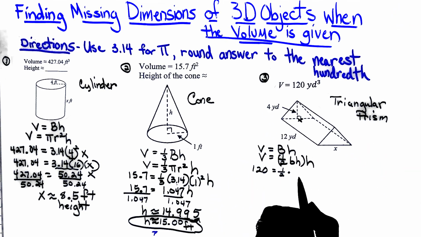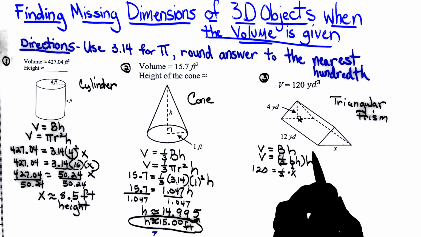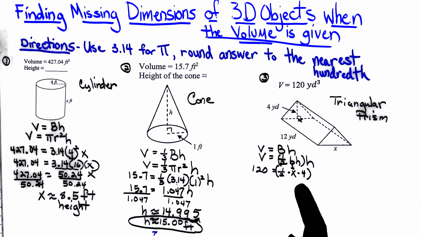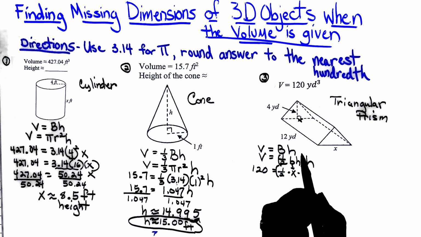So I can call it x. I'll leave it there for my letter b. There you go. I'm writing an x. And my height is 4. So this was just for the area of the base. And now the height of my prism is 12.